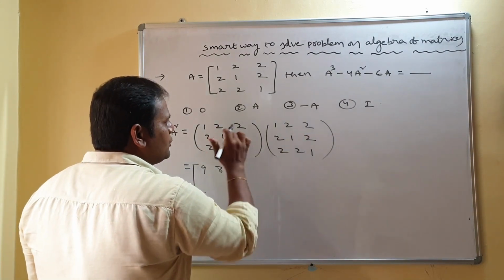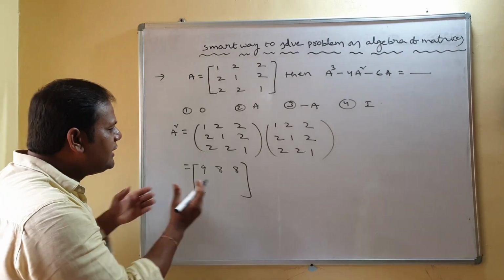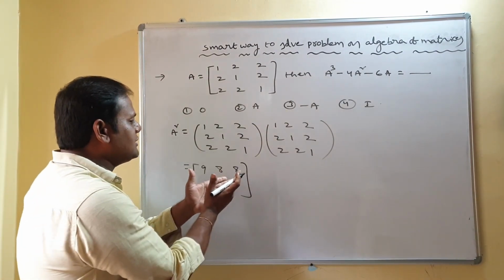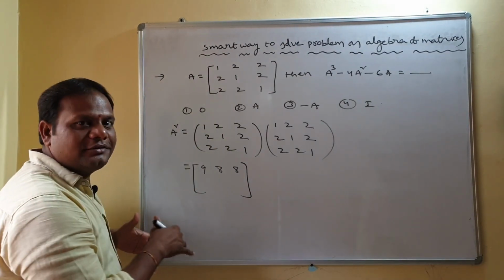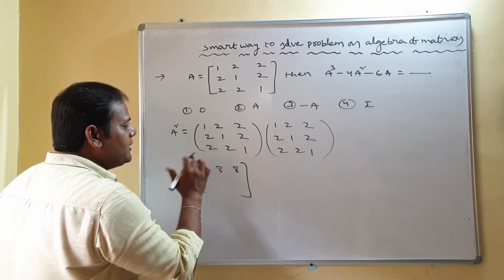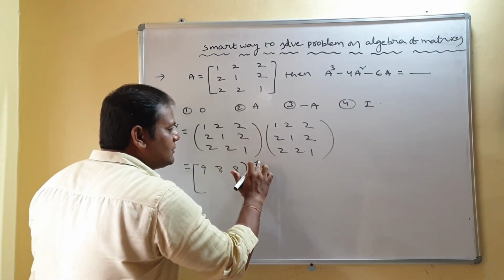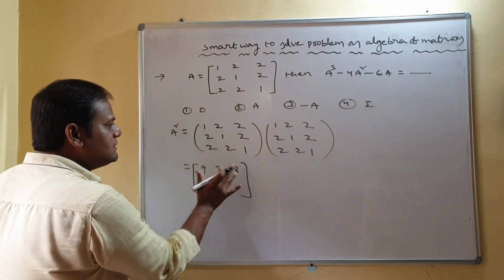Then 2 4 and 2, what? 8. Don't be confused about why I found the remaining elements other than the first element. Because we want the first element in A cube, so to get the first element in A cube, you have to multiply the first row in A square with the first column in A. That is the reason I found all these three elements.